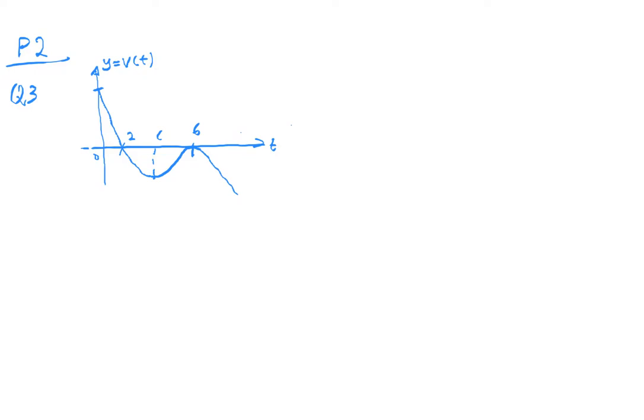In this context, may I know when the particle stops moving? When the question is contextual, you have to interpret according to the context. Okay, I know that V(2) is equal to 0, and I know that V(6) is also equal to 0. Am I right? That is one thing.